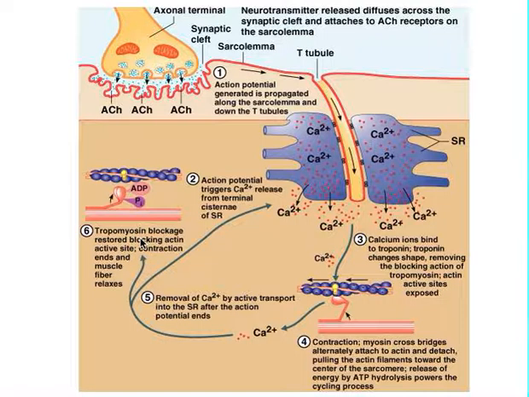The tropomyosin blocks the active site again, and the myosin is not able to attach to it, and so the contraction ends and the muscle fibers relax. Well, there you have it. I think that's a pretty good slide.